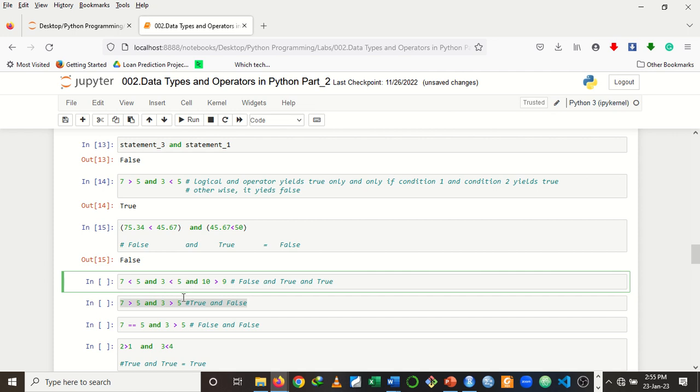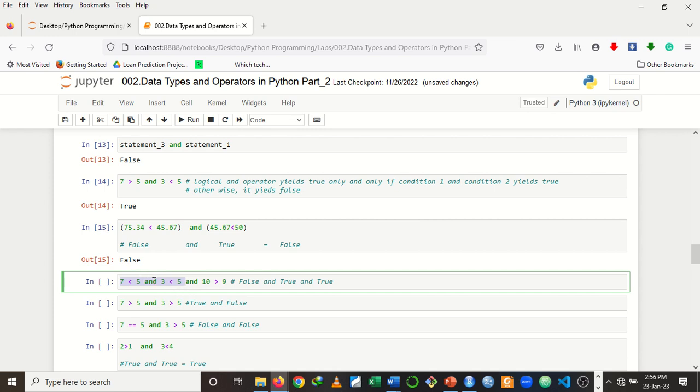So for instance, if you have something like this, 7 is less than 5 and 3 is less than 5 and 10 is greater than 9. What you need to do is first pick the first expression. Let's say 7 less than 5 and 3 less than 5. 7 can't be less than 5, so since this is false, the highlighted expression here is going to be false.